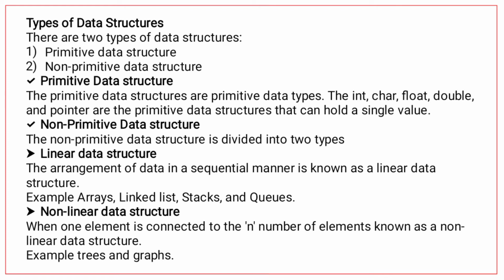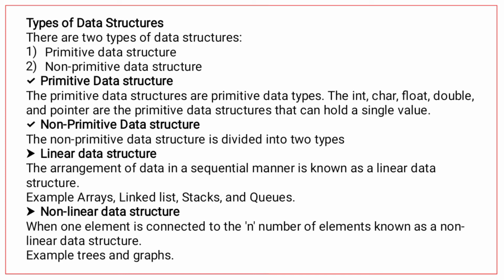The non-primitive data structure is divided into two types. The first type is linear data structure and the second is non-linear data structure. In linear data structure, the arrangement of data in a sequential manner is known as linear data structure. The data structures used for this purpose are arrays, linked list, stack and queues.